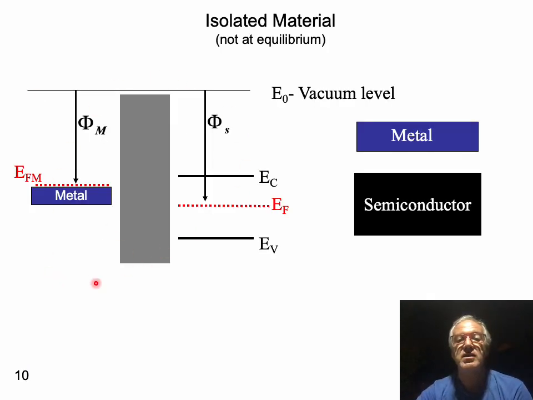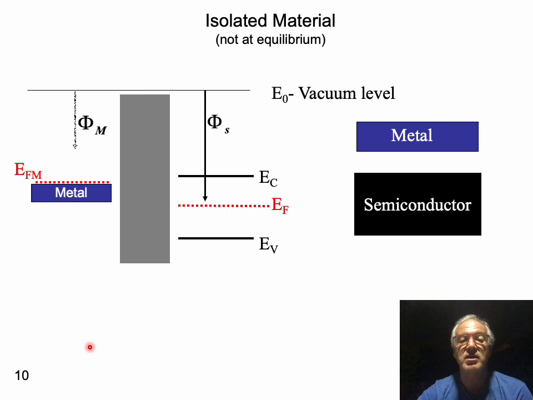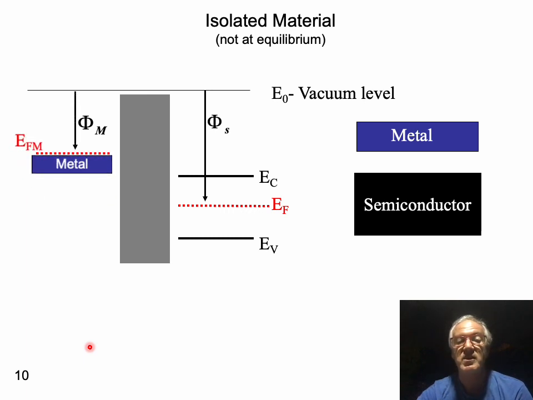So let's look at this picture again. We have here the metal, we have the semiconductor. There is something in between that separates them. And we've already seen what will happen in this case, but now we want to ask ourselves what will happen if the metal work function is outside the semiconductor band gap. What would happen?